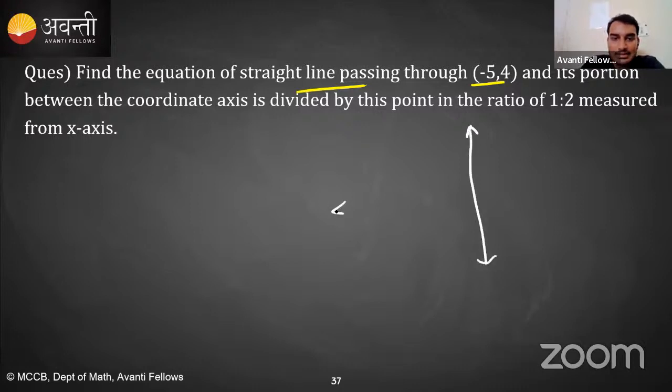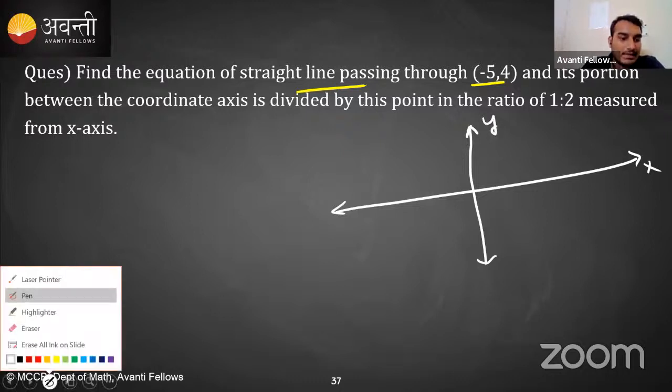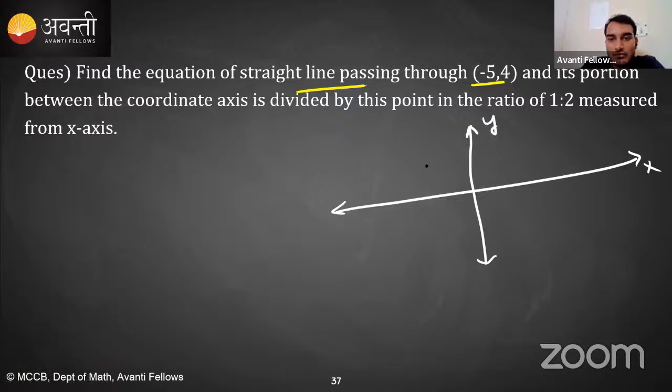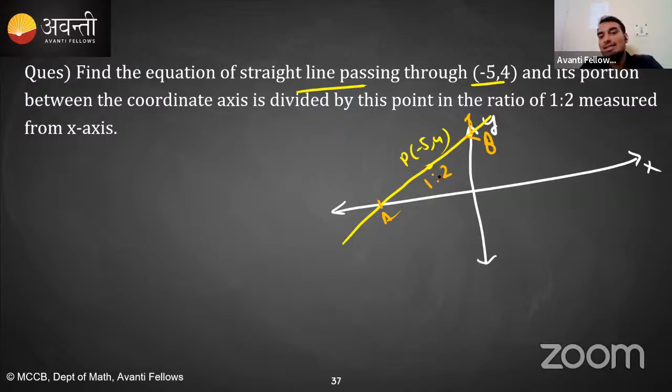Let's say this is our coordinate axes, this is x, this is y, and a line is passing through (-5, 4). The portion AB between the coordinate axes is divided by this point P in the ratio 1:2. So find the equation of the line.